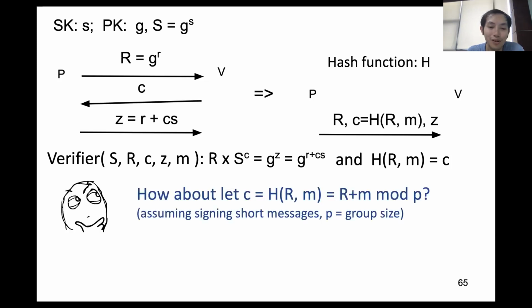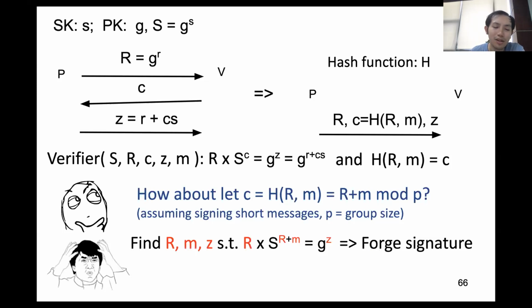But we have a different type of answer: how about we just let the hash function take the randomness in the first message and the message, and we just sum them up mod p, assuming we only work with short messages and we think of p as the group size. So how about we do this?